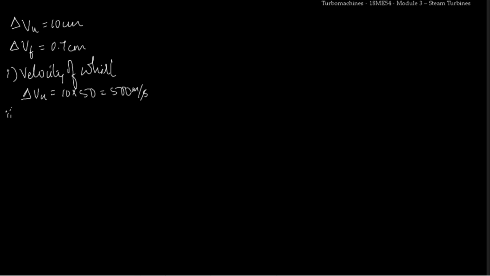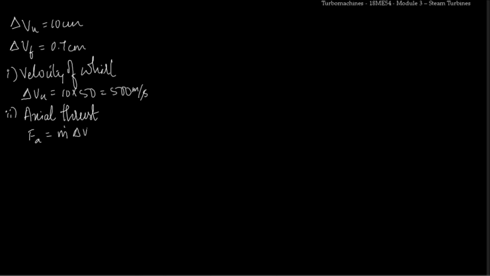Then we need to find out the axial thrust. Axial thrust is nothing but the force exerted in the axial direction, and the force is calculated as mass into acceleration. Here we are dealing with the flow of fluid, so I can write it as mass flow rate of the fluid into change in velocity in that direction.